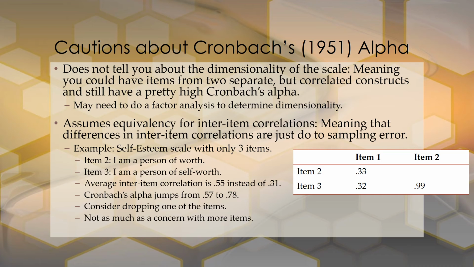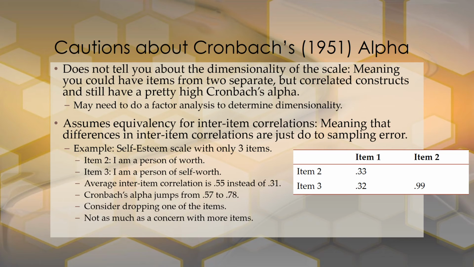It might mean that these two items are too related to each other. What's going to happen is it's going to boost up the average of your inter-item correlations, but not because your scale is more reliable. It just might mean that these two items are too close to each other in some way. So I'll give you a really extreme example.